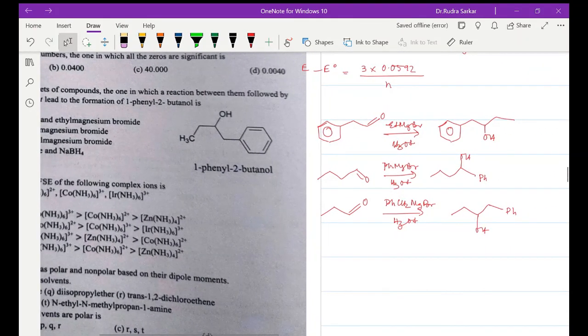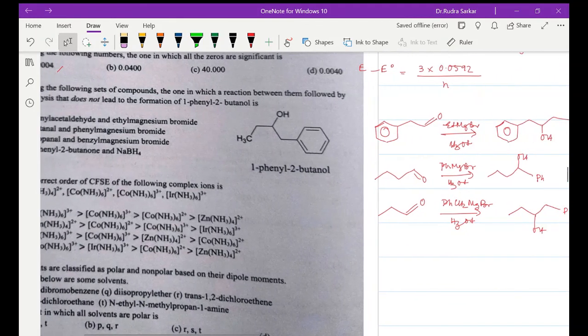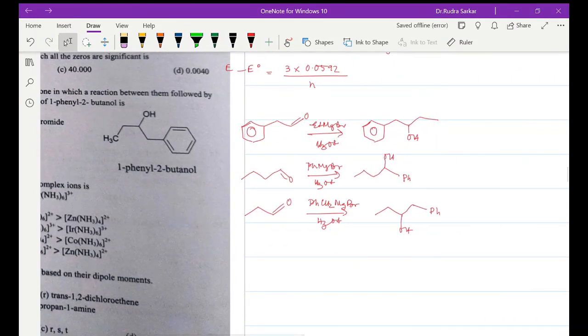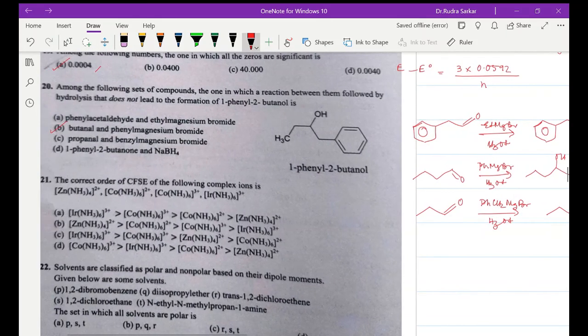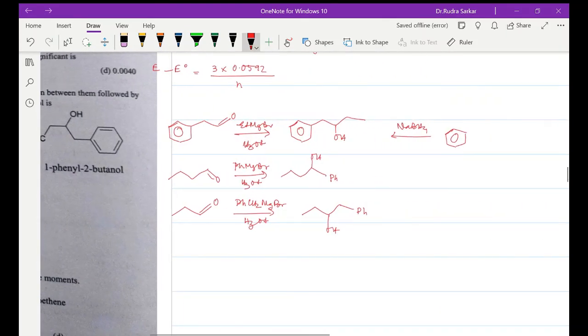Similarly, if you react 1-phenyl 2-butanone with NaBH4, you will get the desired product, 1-phenyl 2-butanol.